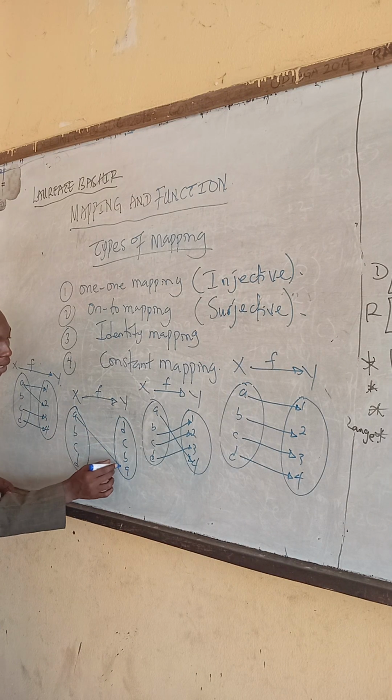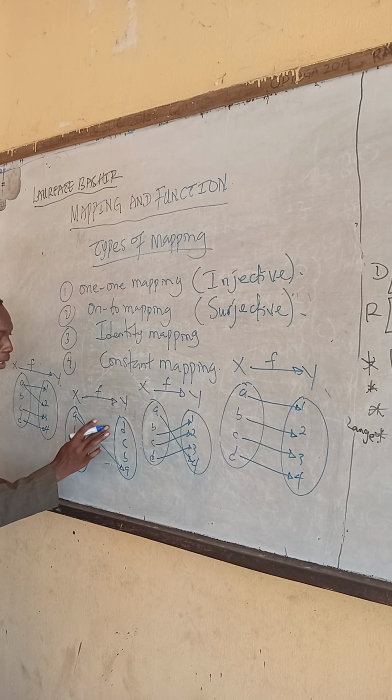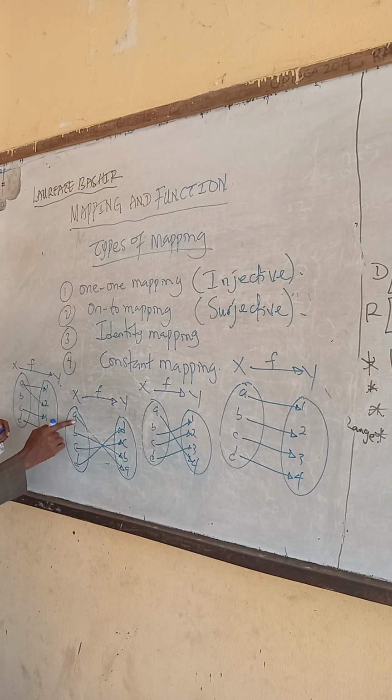So far, A is mapped to A, B is mapped to B. You can see they are the same thing, identity. C is mapped to C, and D is mapped to D. This is irrespective of the arrangement. So far as the domain produces the same image, A produces A, B produces B, C produces C, D produces D, that's what we mean by identity mapping.